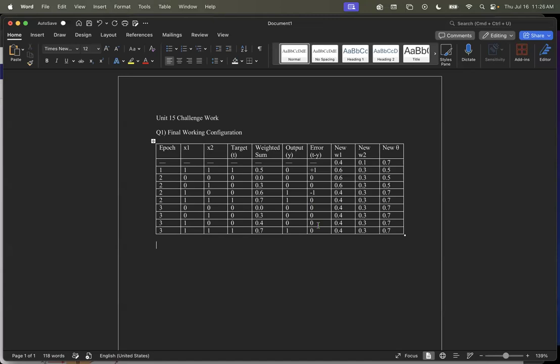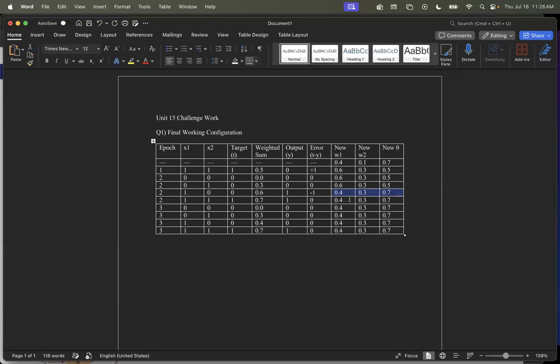The network has officially finished its training, leaving us with a final working configuration, we can see it right here. Of course, it's the same, but it was actually achieved at the second to last iteration of Epoch 2, where the final adjustment happened.